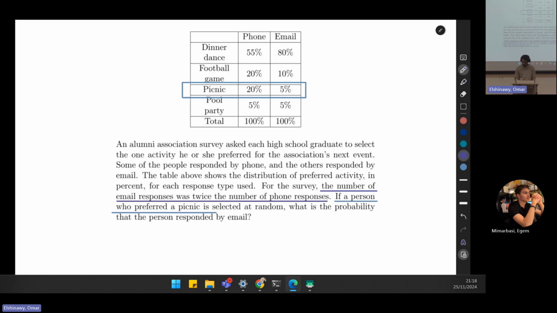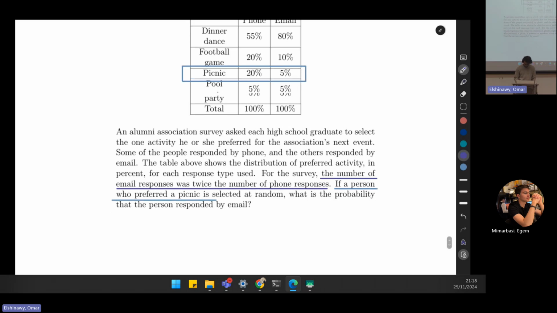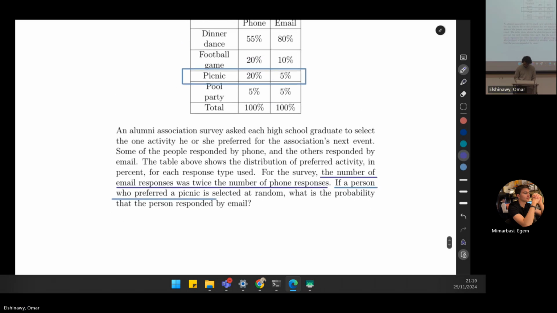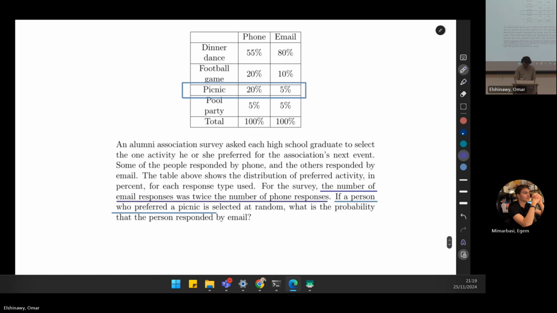And the reason why this is key is because this 20% of the people, let's say P people, responded by phone.